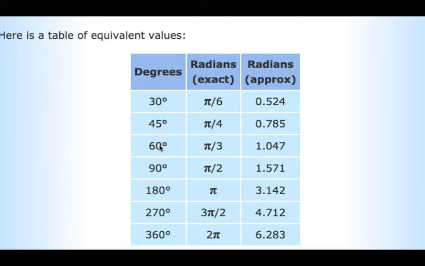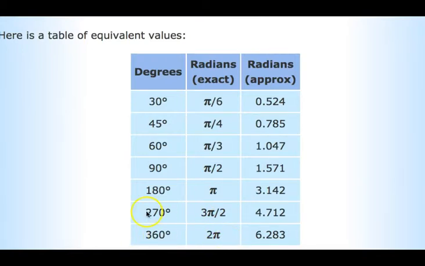Isn't 60 180 divided by 3? So 60 degrees is pi on 3, because pi radians means 180 degrees. So if you know that pi is 180, 60 degrees is pi on 3. 90, isn't that 180 on 2? So it's pi on 2. 180 degrees is pi. 360 degrees would be 2 pi.